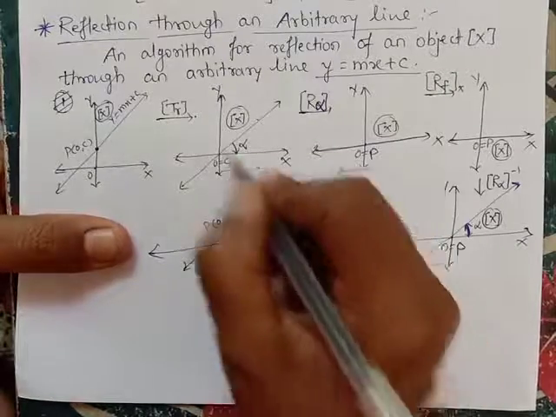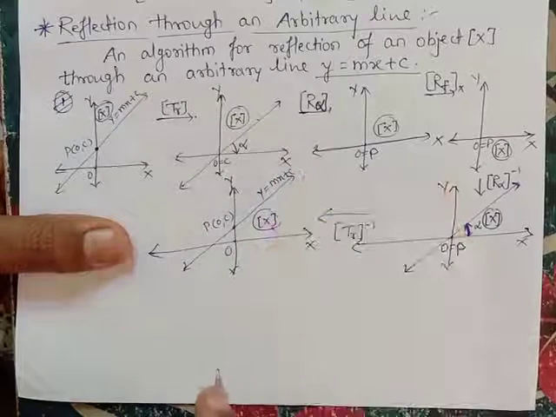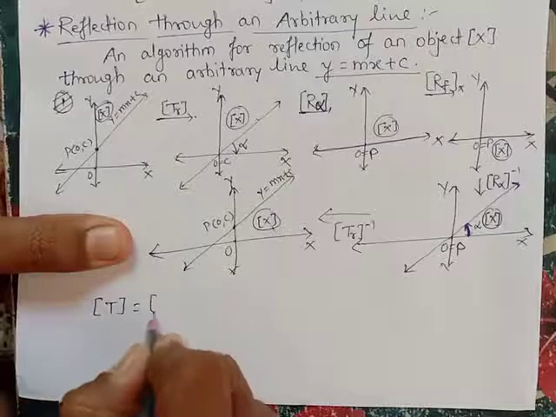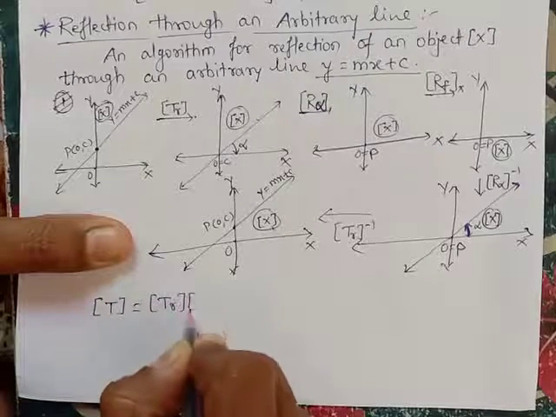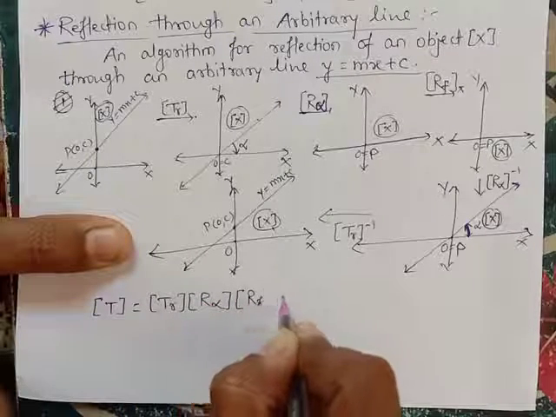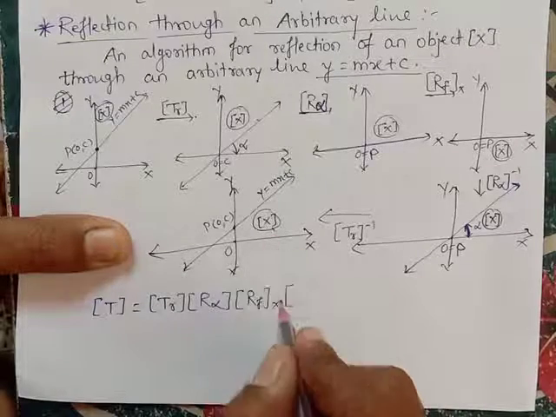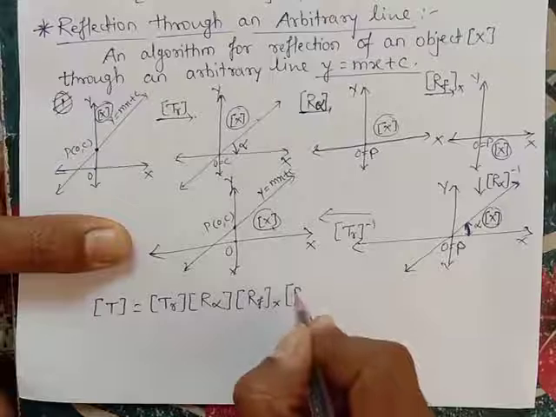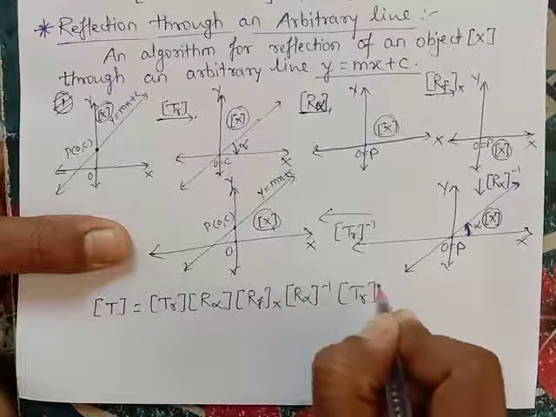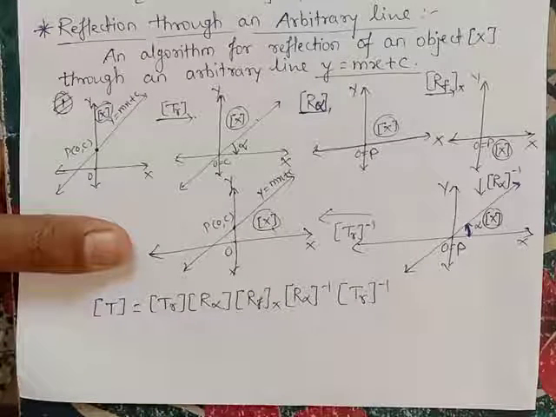An arbitrary line y equal to mx plus c. Okay, what is the concatenated transformation matrix here? T, R, then R alpha, then reflection through x-axis, then here inverse rotation, and then inverse translation. This product will give us the concatenated transformation matrix.